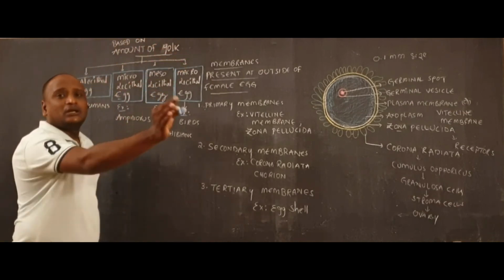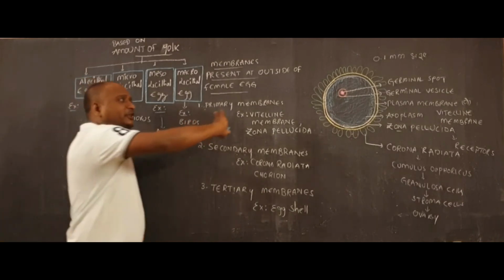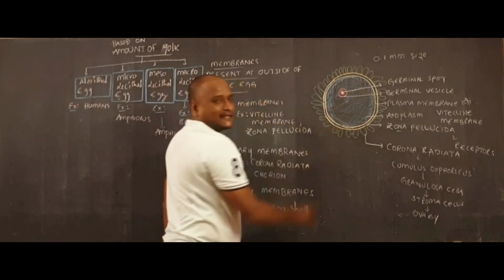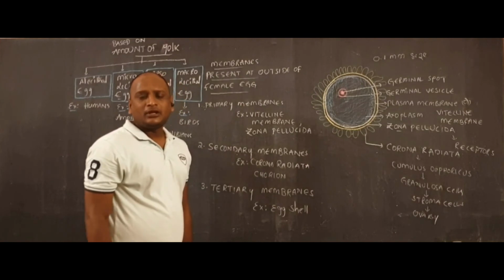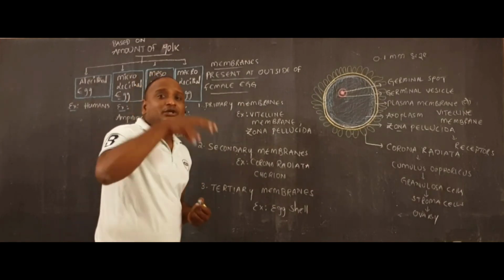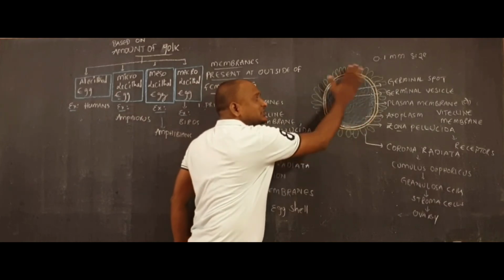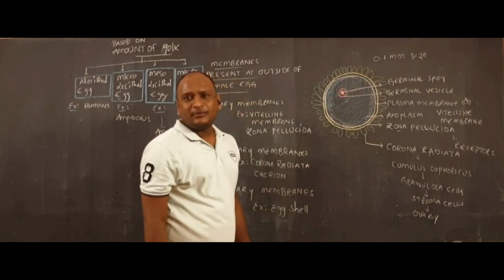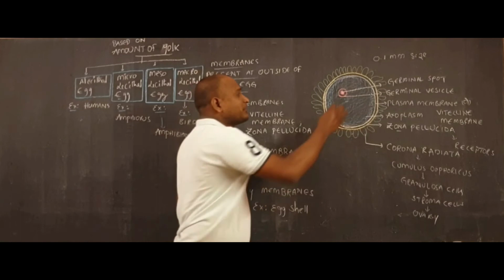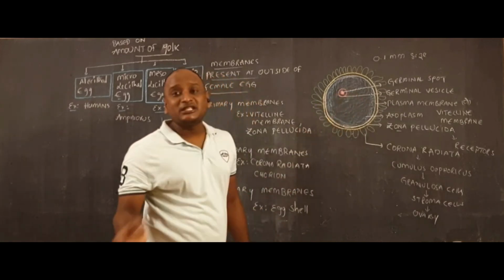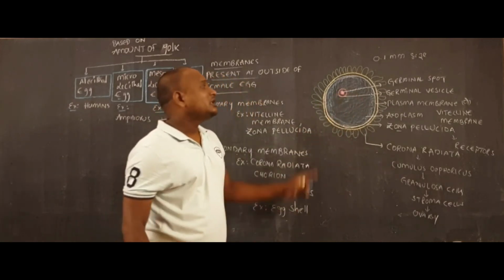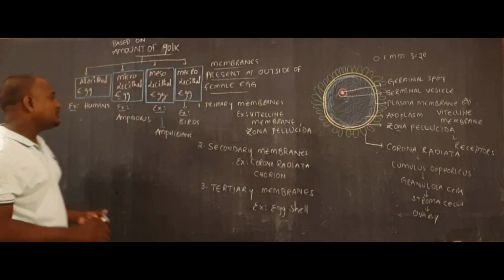How is the yolk material distributed throughout the egg cell? Throughout the egg cell, how is the yolk material present? That means whether it is present at one side, distributed all over the egg cell, or present at the central side. Based on that, egg cells are divided into 3 types.